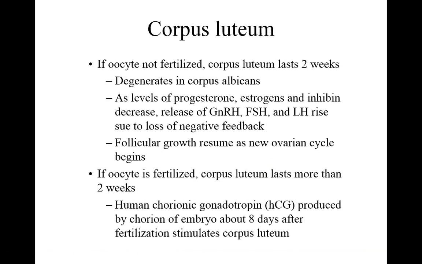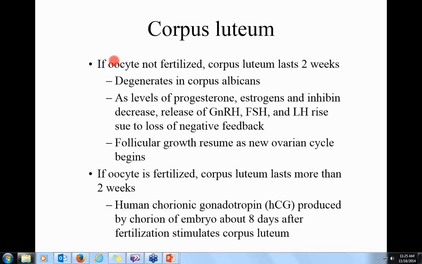Now, we're still in the ovarian cycle. We're still in the ovaries. So if the oocyte is not fertilized, the corpus luteum typically lasts 2 weeks, and then it'll become the corpus albicans. Albicans is referring to becoming white.